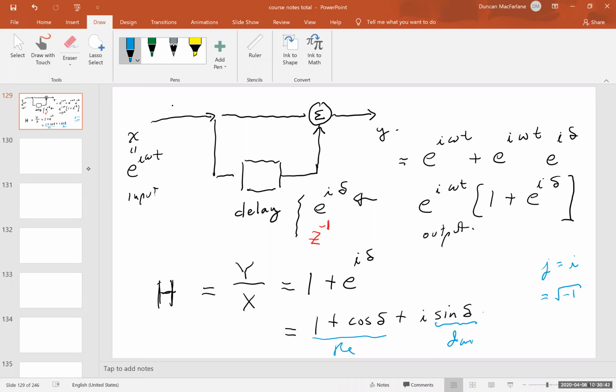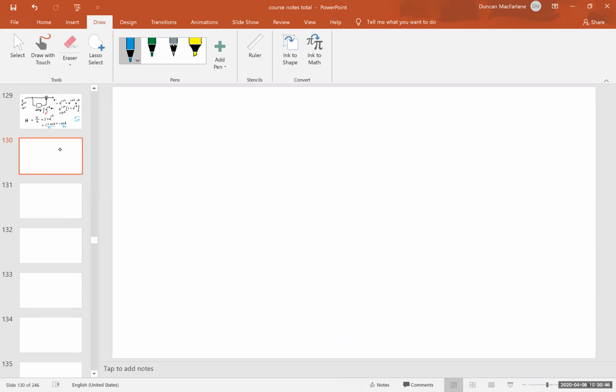So I have the real part and the imaginary part. And so what I'll look at is the amplitude.